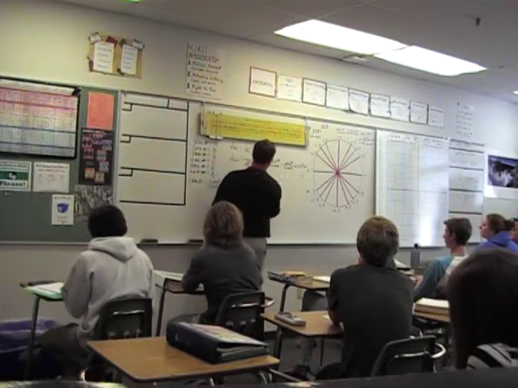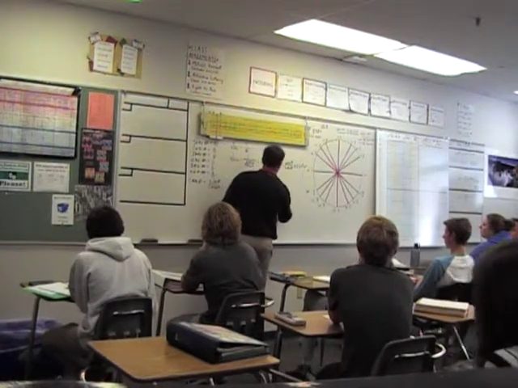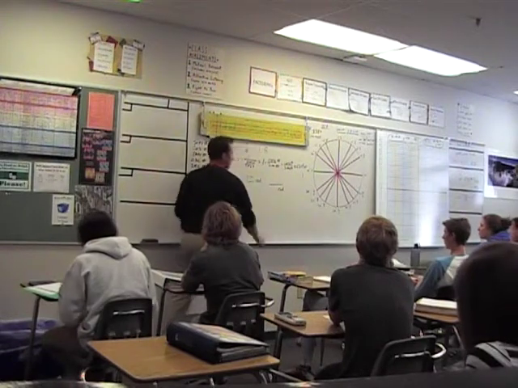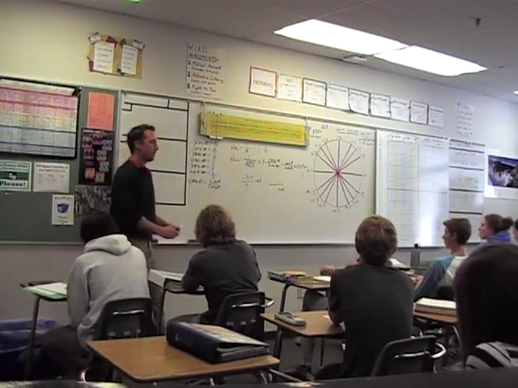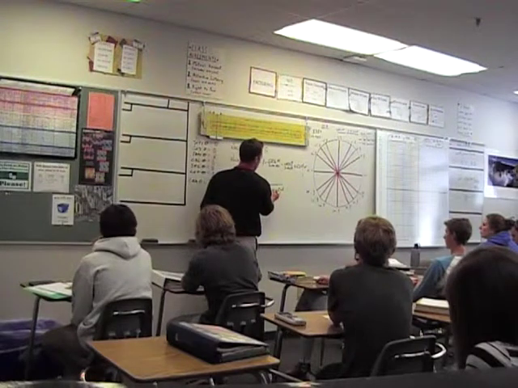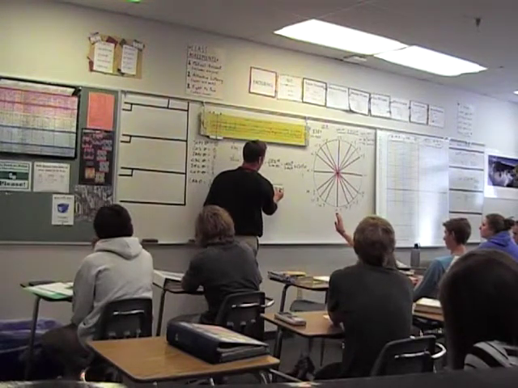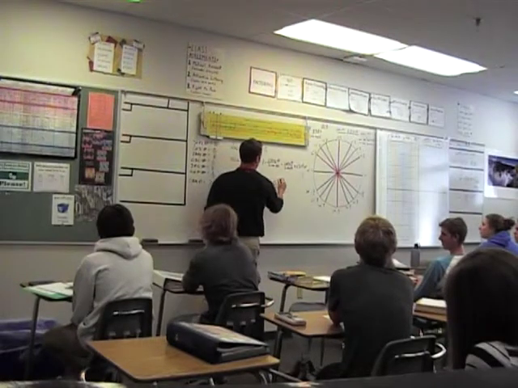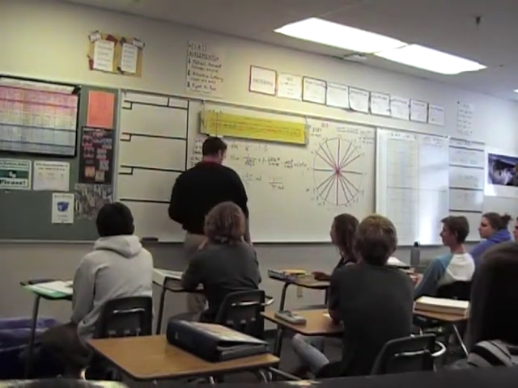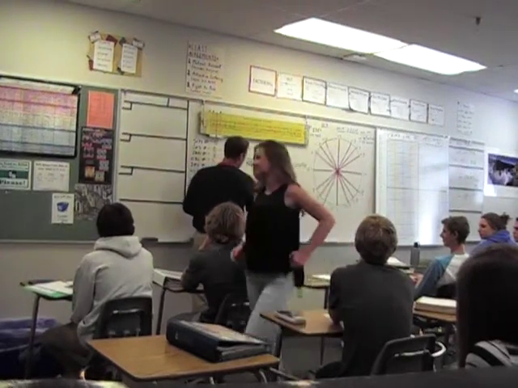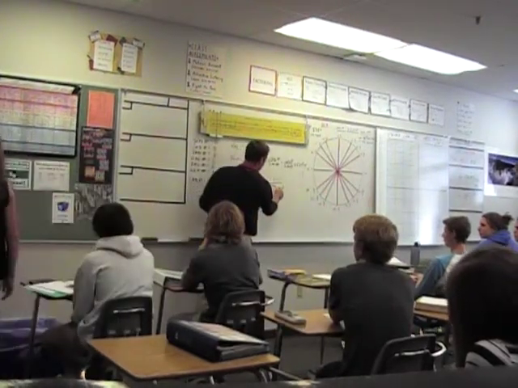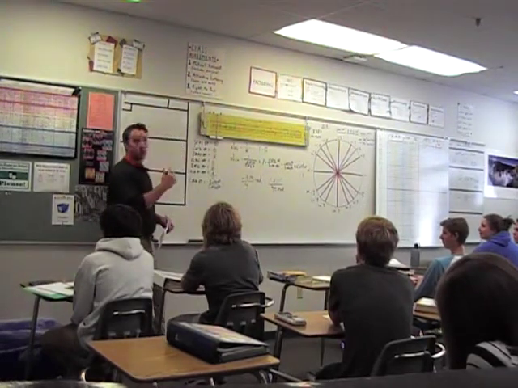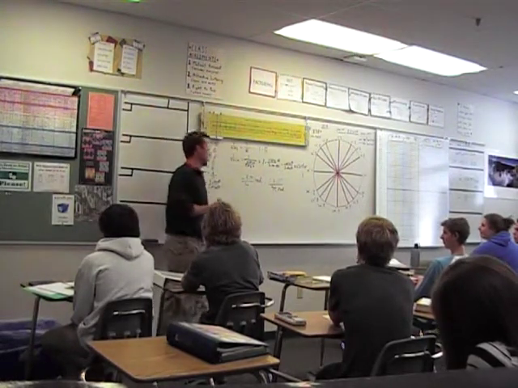So don't I have to have radians in the denominator so my radians can cancel out? Right? And how do I measure radians? In pi. So what do I need up here? The 180, right? Because then my pi cancels out, my radian cancels out, and I'm left with just degrees.